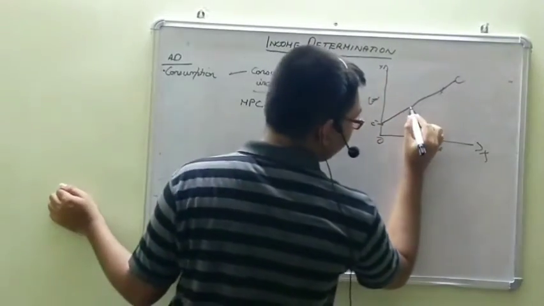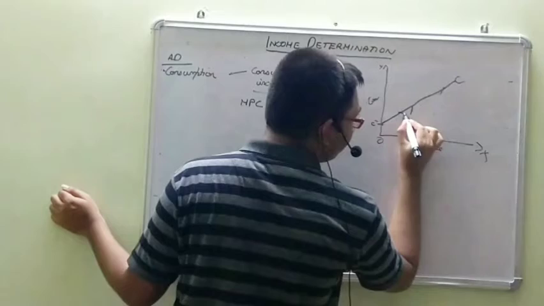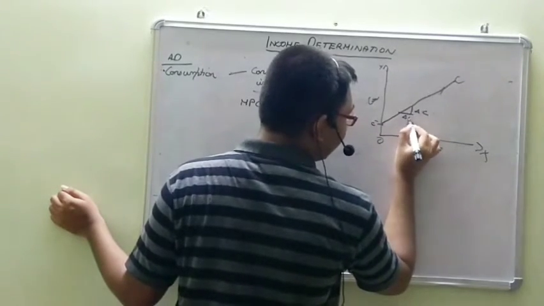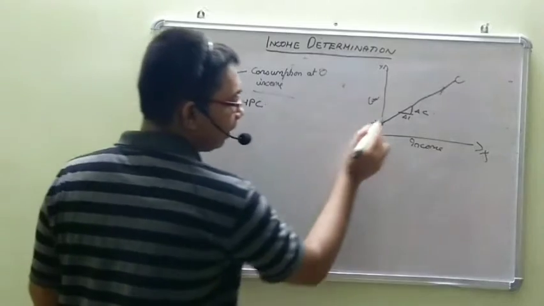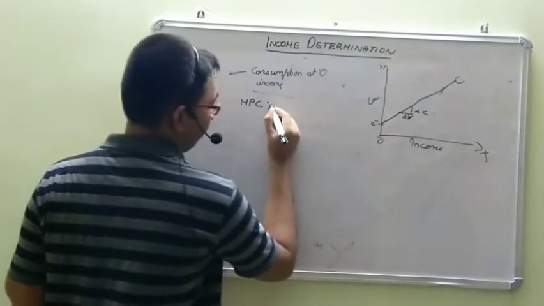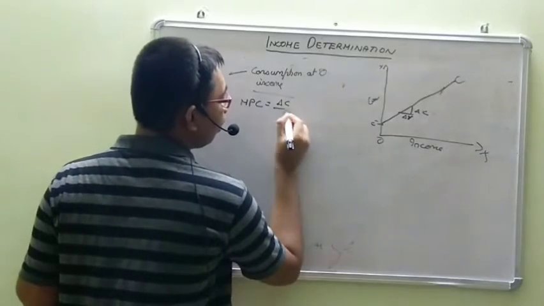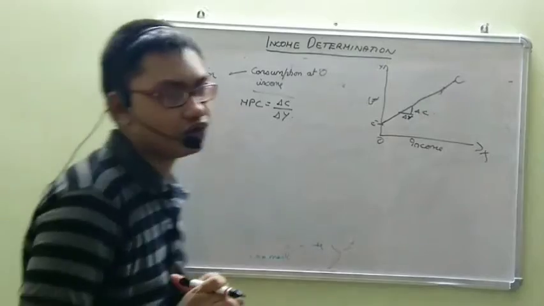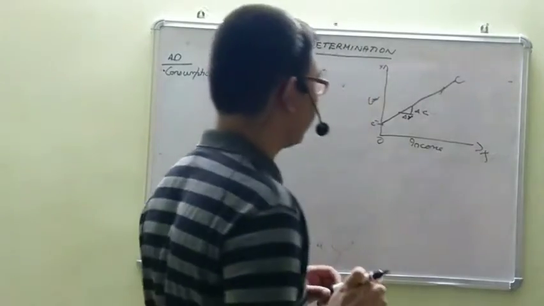This is delta C by delta Y. This is called marginal propensity to consume. What portion of the additional income are the people consuming?